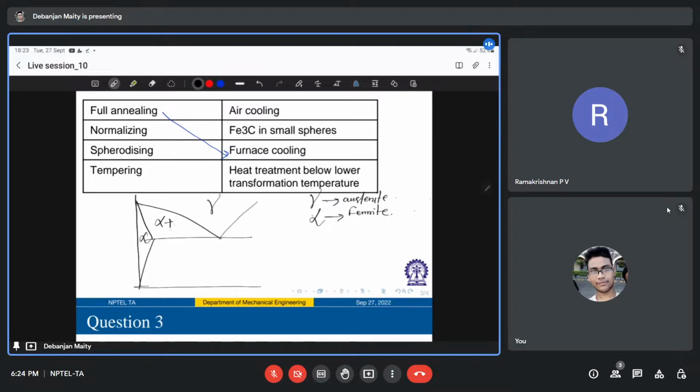It will be alpha plus gamma, and beta plus gamma. Beta is cementite. This is what percent of carbon, and this is temperature.